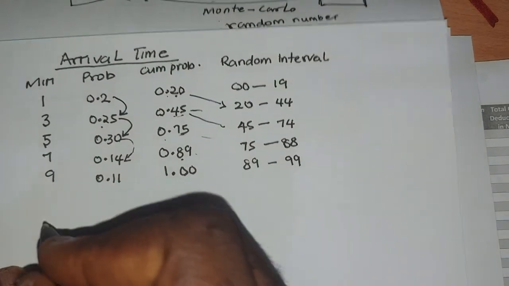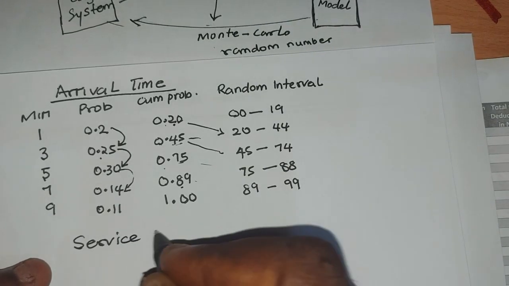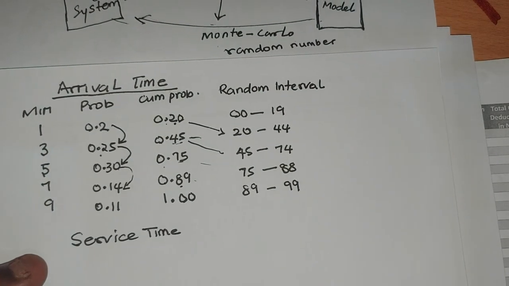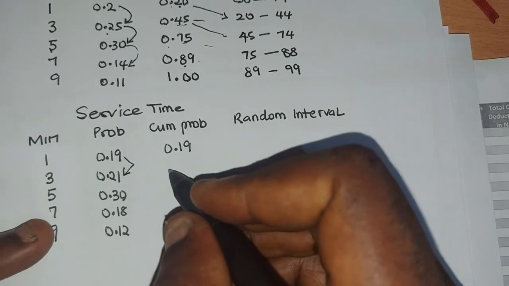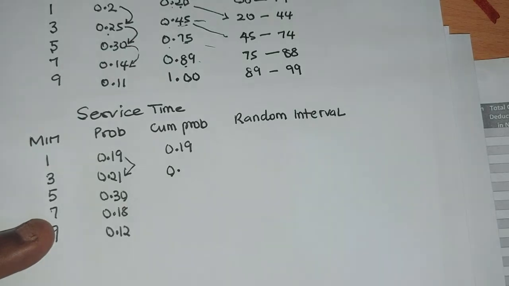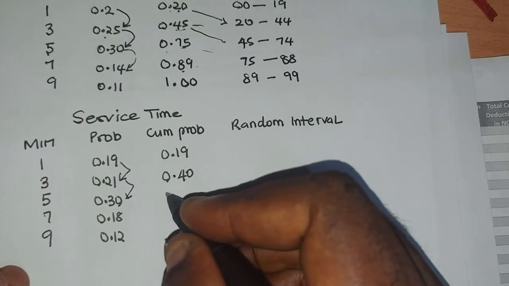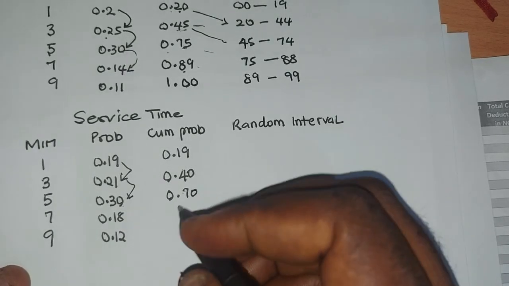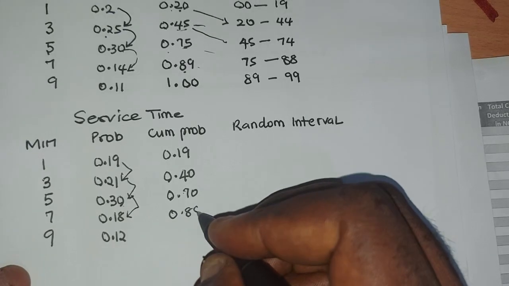Then we do it for service time. For the service time, you add this to this. What do you have? 0.40. Then you add this to this, 0.70. When you add this to this, you have 0.88.